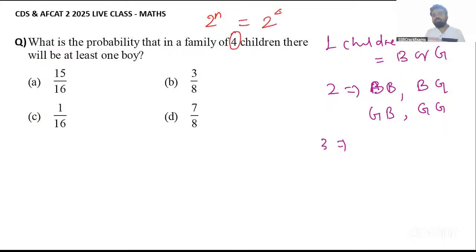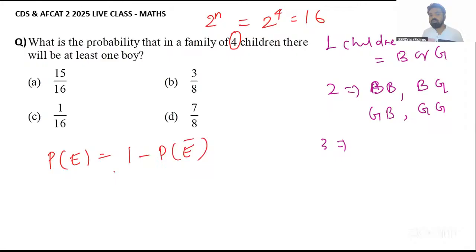So it is 2 raised to power 4, which is 16. And it is saying at least one boy. So probability of at least one boy is 1 minus probability of no boys. If there is no boy in a family, it means all girls are there. So all girls means 4 girls in the family, then there is no boy.